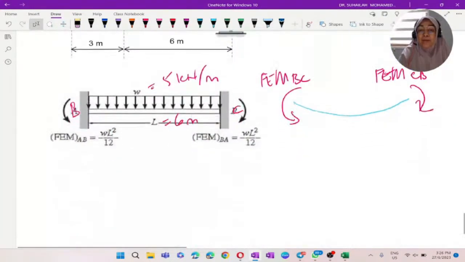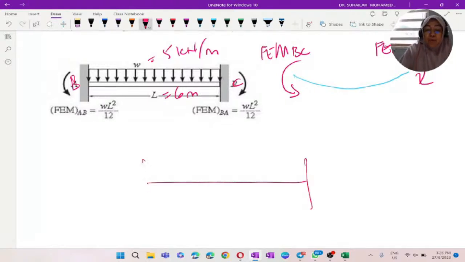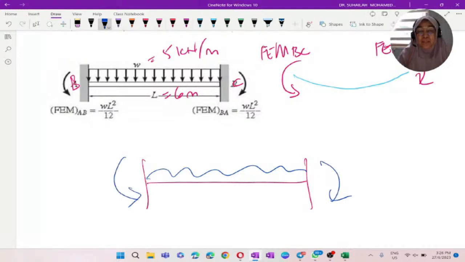Okay, always remember that due to loading, we will always get the FEM sign opposite, one negative, one positive. So from this we get WL square over 12.